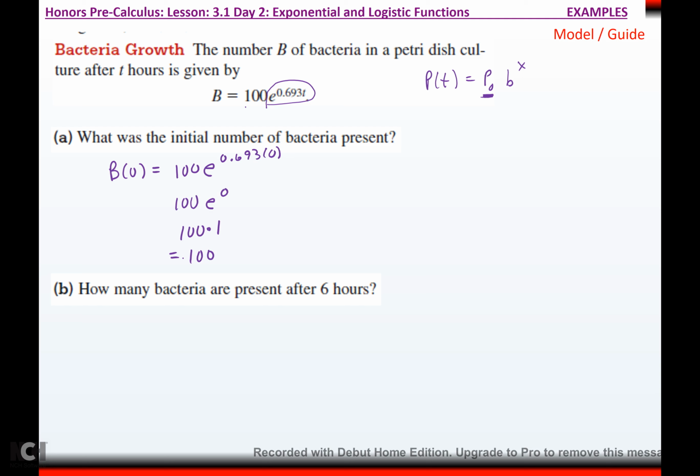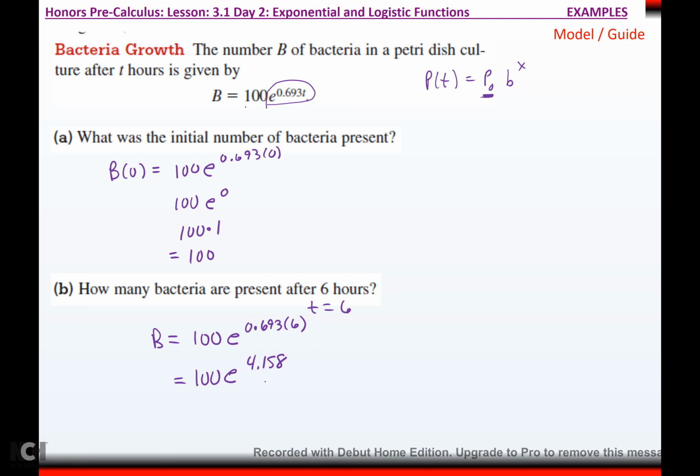Part B says, how many bacteria are present after 6 hours? They're giving me a time of 6. So if I plug in 6, I get 100 e to the 0.693 times 6. Okay, and if I do 0.693 times 6, this is going to be 100 e to the 4.158. And then you just literally type it in the calculator. Your E key is blue divide.